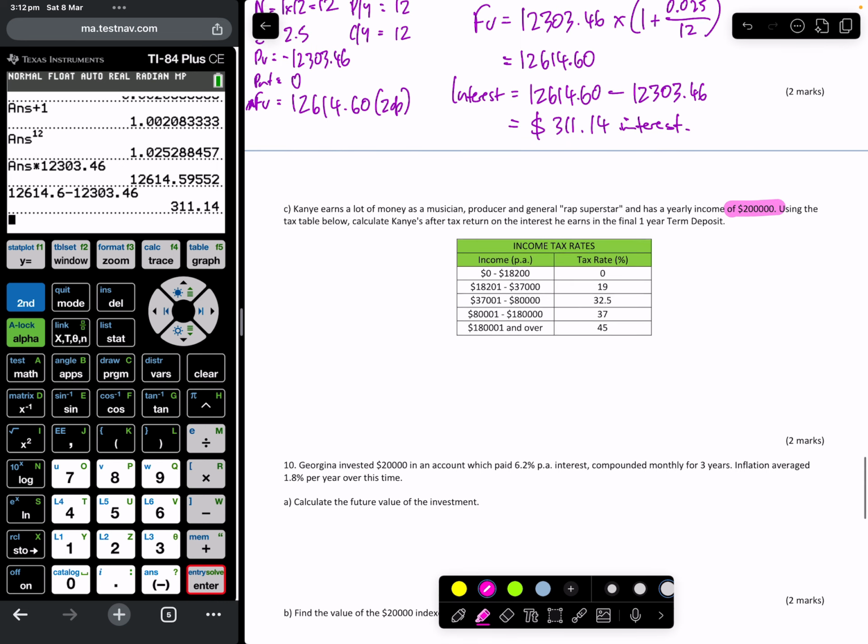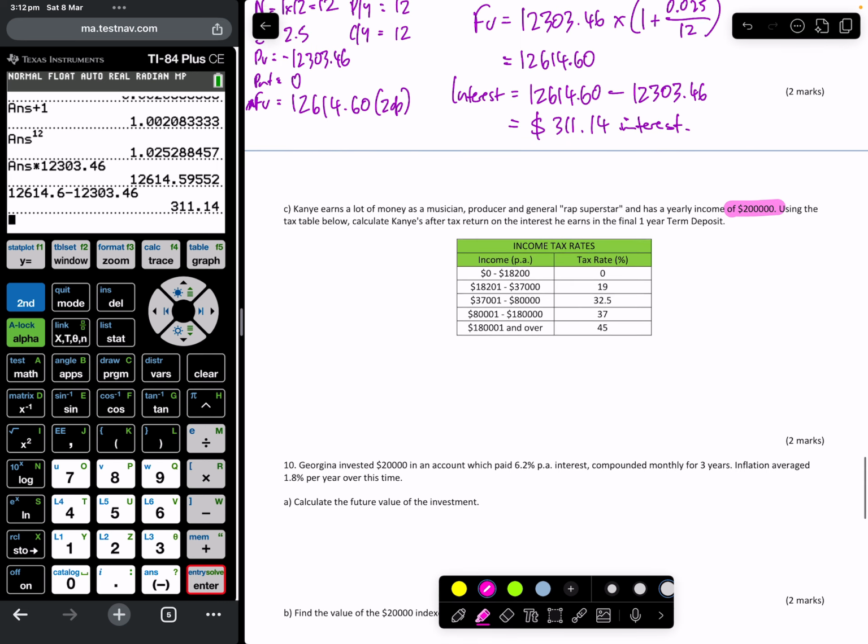Well, remember that he's gotten some income from interest, so we need to be careful. Total income is going to be the $200,000 plus the $311.14. $200,311.14. That doesn't make a difference to the tax bracket because the tax bracket starts at 180 grand and over.